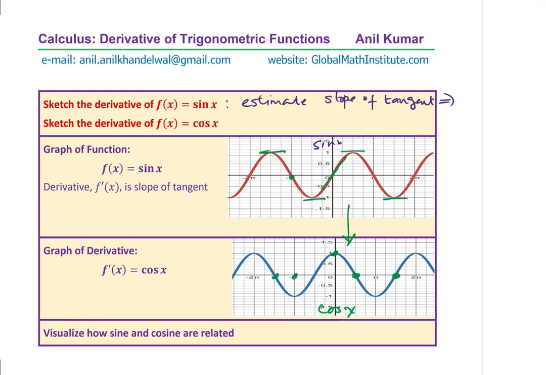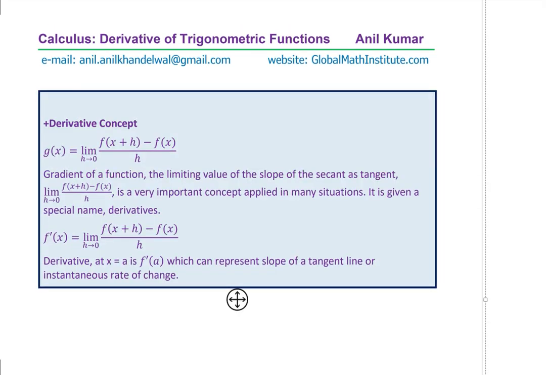Let's move on and recall the derivative definition. As you learned earlier, g of x equals limit h approaches 0, f of x plus h minus f of x over h. That is basically the definition of derivatives, right? Gradient of a function, the limiting value of the slope of the secant as tangent.